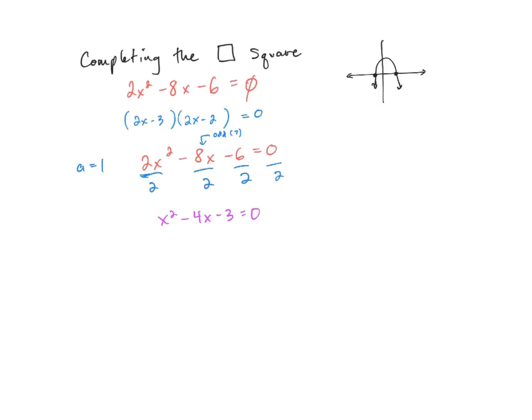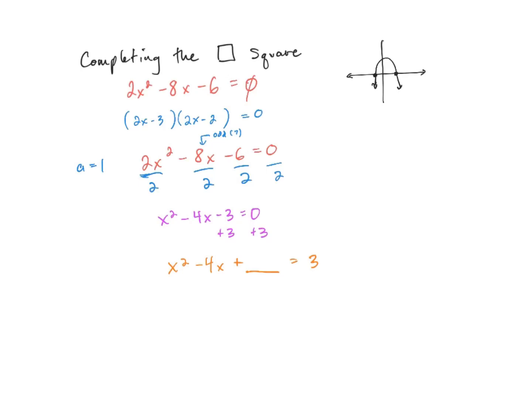So I want to add 3 to both sides. When you're completing the square, one thing you want to do is leave that space after the 4x plus, so I can add a square here. So I've moved the 3 to both sides, and I have 3 here.